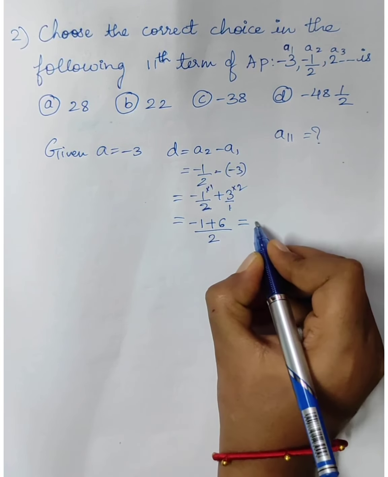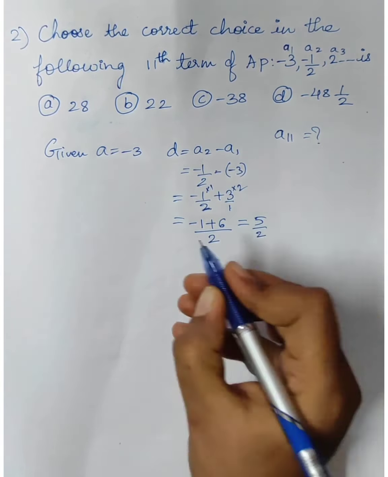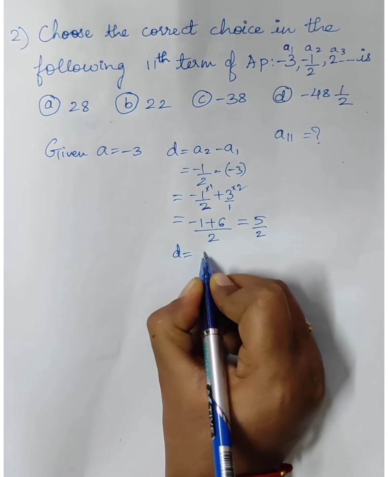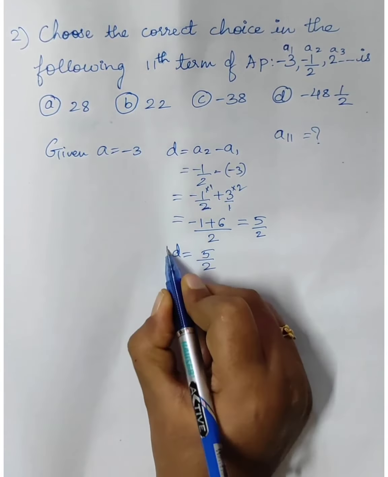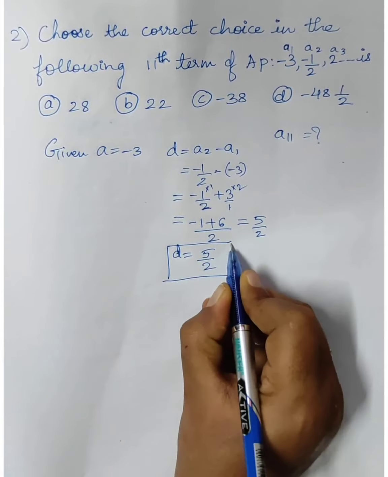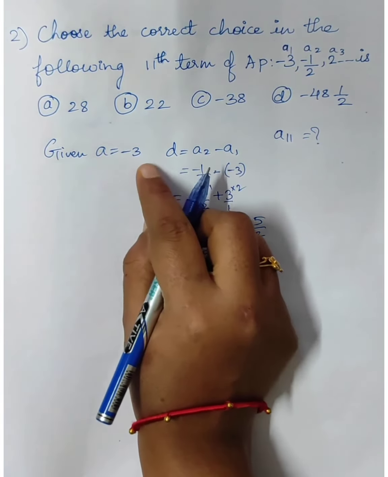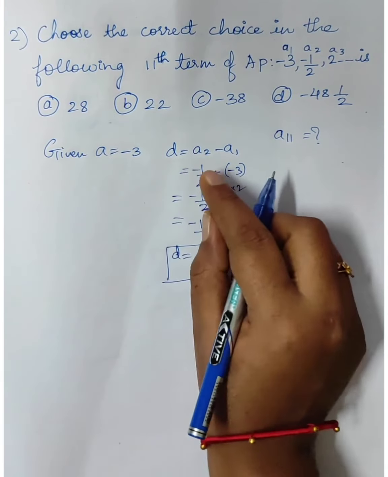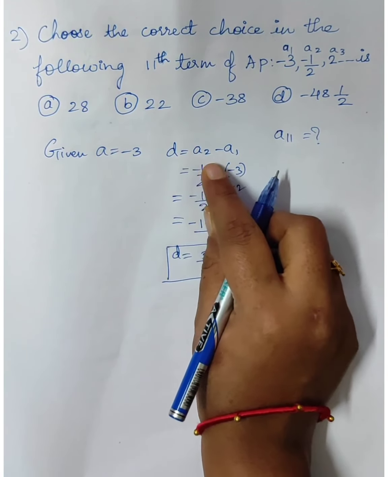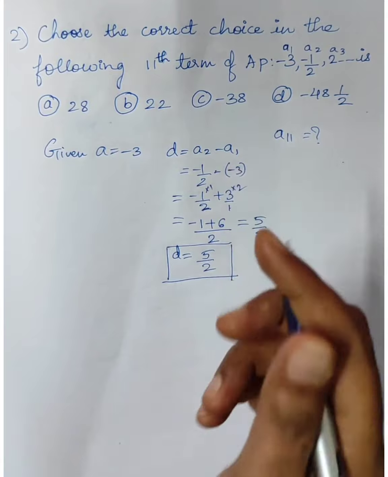Minus 1 plus 6 is 5 by 2. So the value of D is 5 by 2. Now we found the first term, that is minus 3, and the common difference D, which is A2 minus A1.